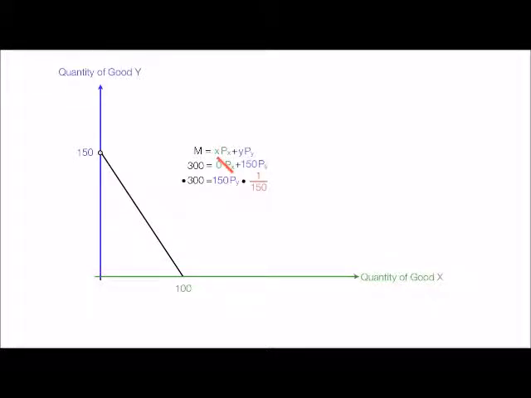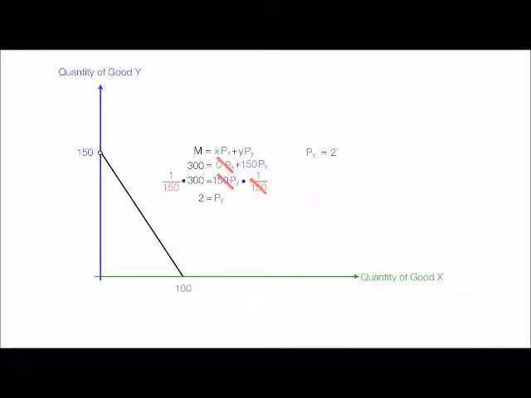So 300 divided by 150 is equal to 2, and those 150s cancel, so the price of Y is equal to 2. Let me write that out again. So price of Y is equal to 2, and I'll go ahead and make that blue as well.